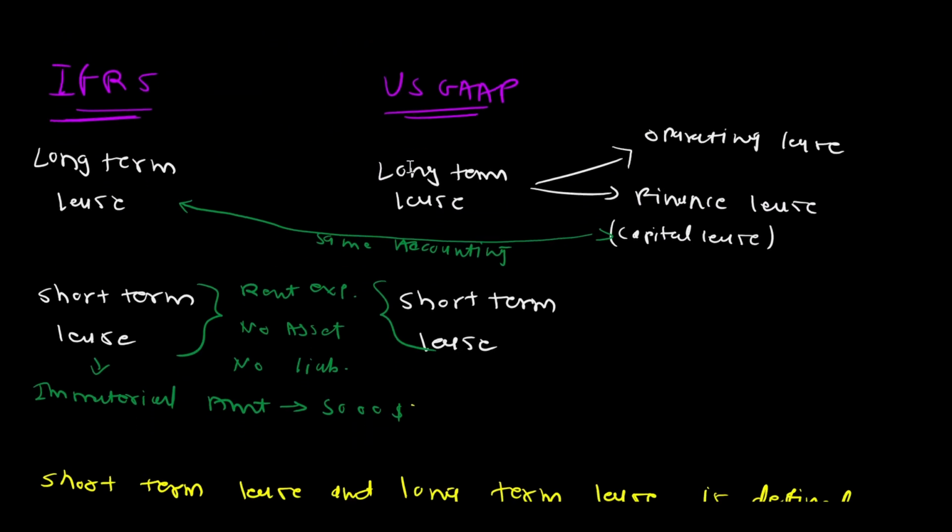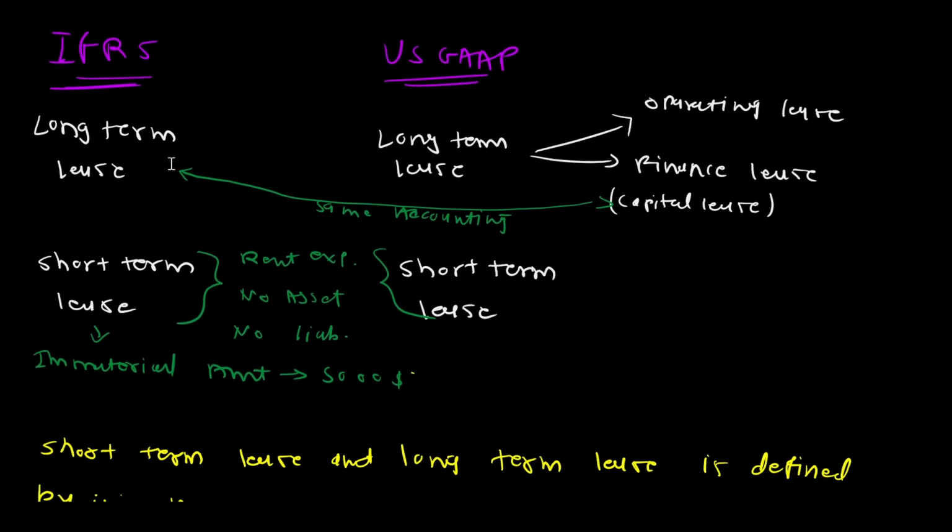In IFRS, there are two types of lease: long-term lease and short-term lease. In US GAAP, there is a long-term lease and short-term lease, and in the long-term lease there are two types: operating lease and finance lease.